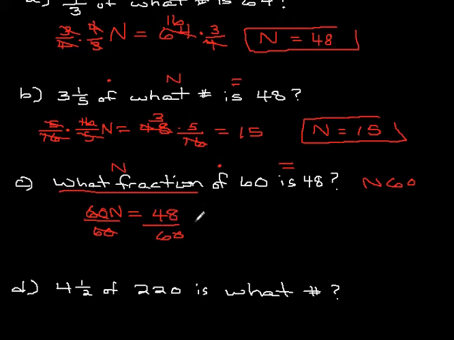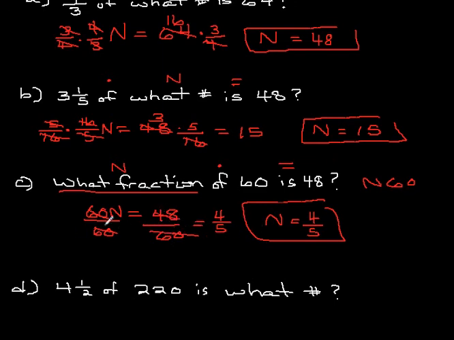So we did get a fraction, so n equals 4/5. These are just solving equations, but solving equations are fairly new too, so that could be causing you problems. Remember, it was 60n, so we want to get n by itself, so we divide both sides by 60.